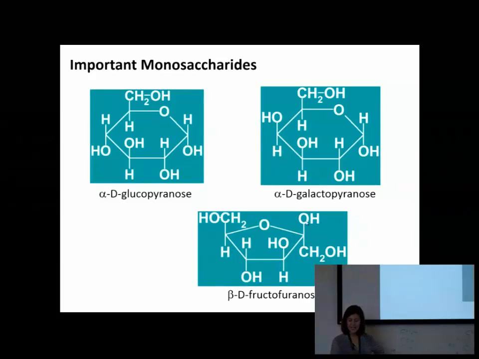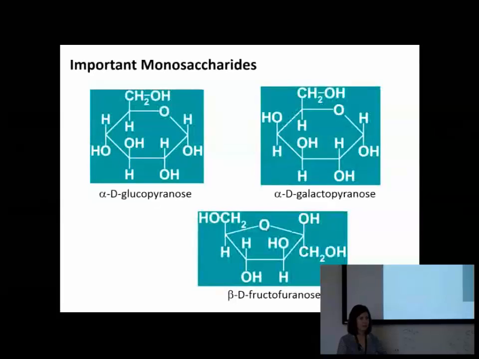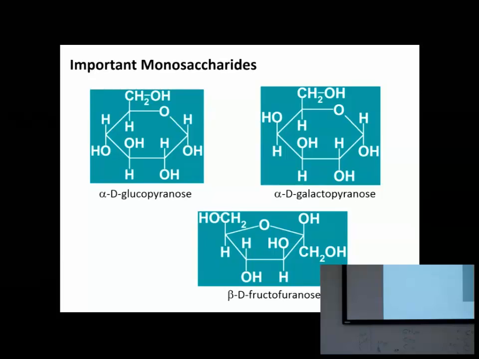The carbon number 6 is going to be pointed up off of the carbon that doesn't have an extra OH. Remember this: this is carbon number 5 in our structure. The OH on carbon number 5 is attached to the carbonyl, so carbon number 5 can't have another OH on it. So this is carbon number 1, 2, 3, 4, 5, 6.